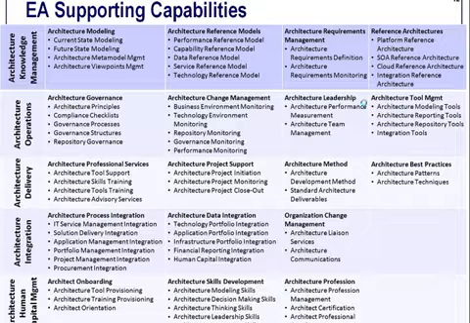One of the big things that we see as a huge opportunity for a lot of organizations is architecture integration. This gets back to the ivory tower syndrome that a lot of organizations struggle with.